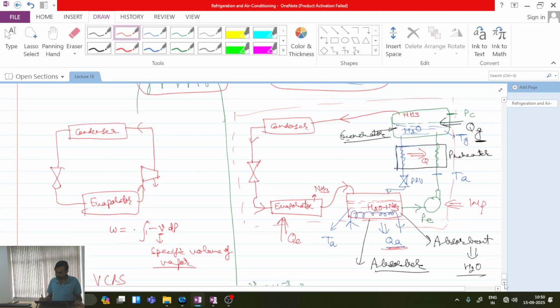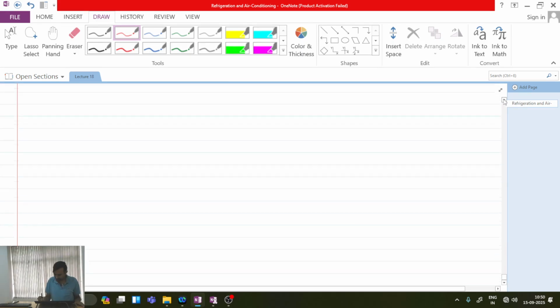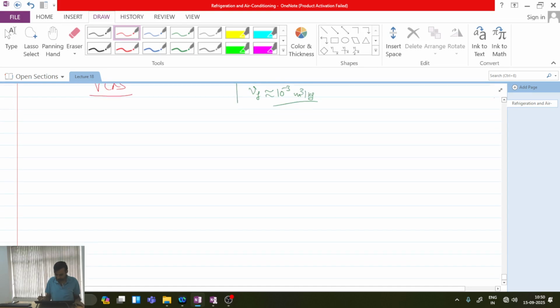Okay, so as per the first law of thermodynamics, I can write that QE, which is the heat entering the system, plus QG, this is also heat entering the system, minus QA, which is the heat we have rejected in the absorber, plus WP, the pump work, is equal to 0.